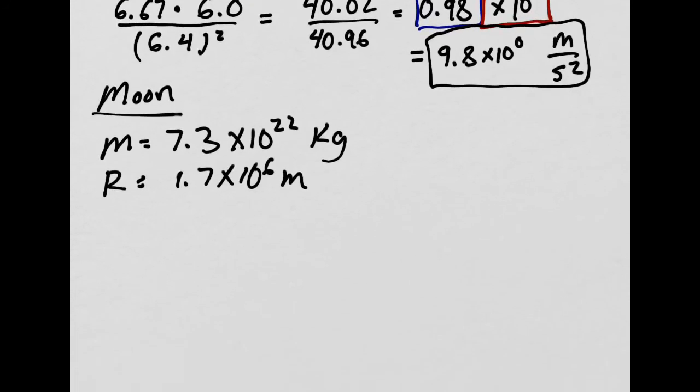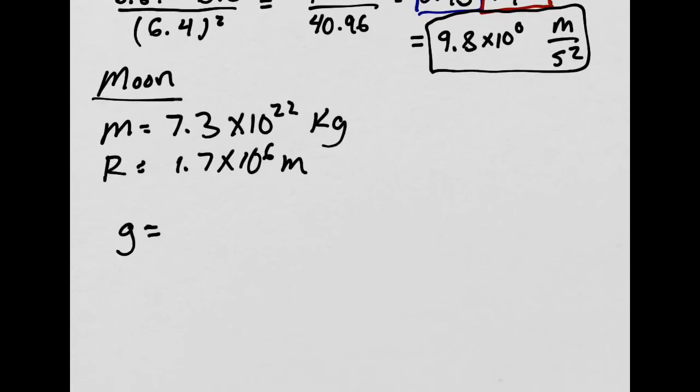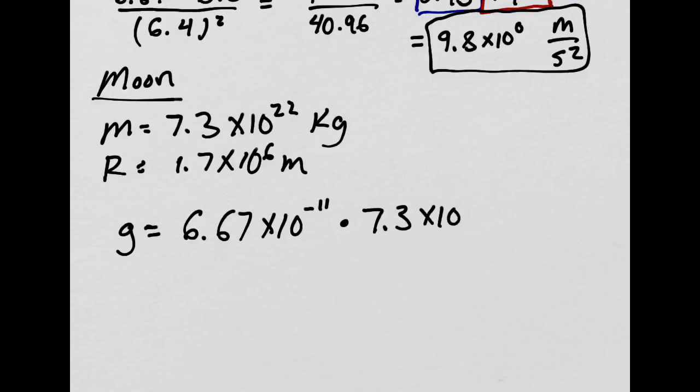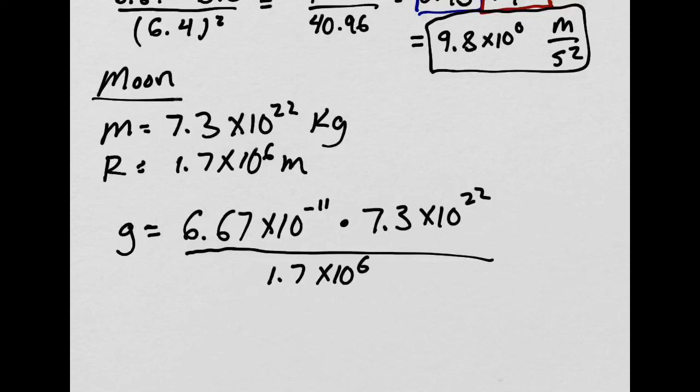So the gravitational acceleration is 6.67 times 10 to the negative 11 times the mass, 7.3 times 10 to the 22, divided by the radius squared, 1.7 times 10 to the 6, quantity squared.